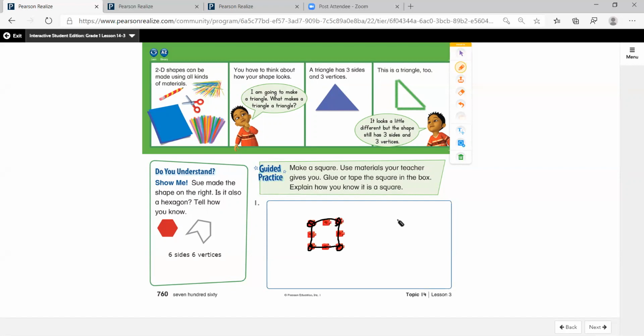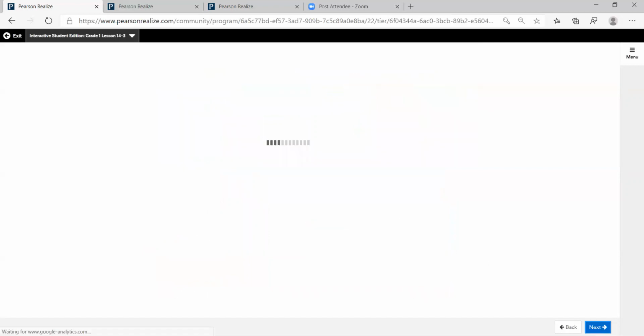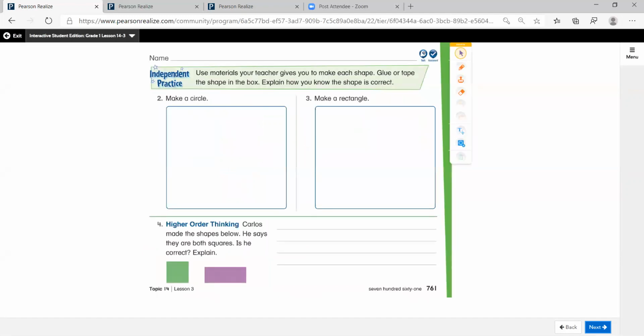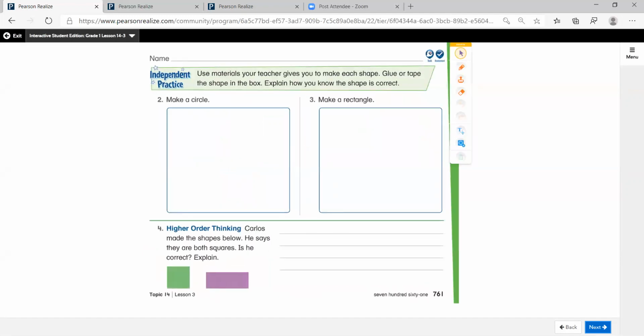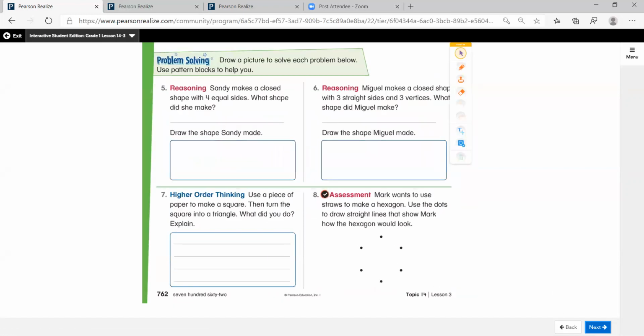That's how I know that the shape I made is a square. Now you're going to try some on your own. See what you can find. Make a circle, make a rectangle, and then work on your higher order thinking and problem solving questions. I can't wait to see your creations. But remember, if you don't have supplies to use, you can always just draw to practice your shapes.